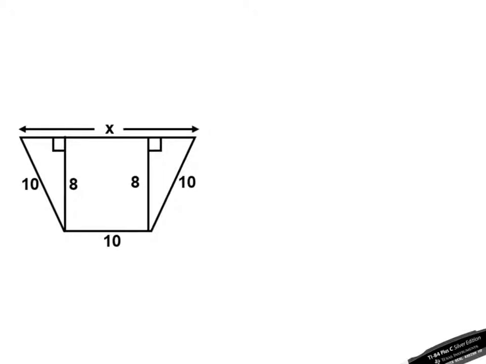The last problem has a very odd looking shape. We have a rectangle with 2 right triangles on the ends. What we need to do is find the whole measure of x, which extends from here to here. In order to do so, we must find the missing side length of the right triangle.